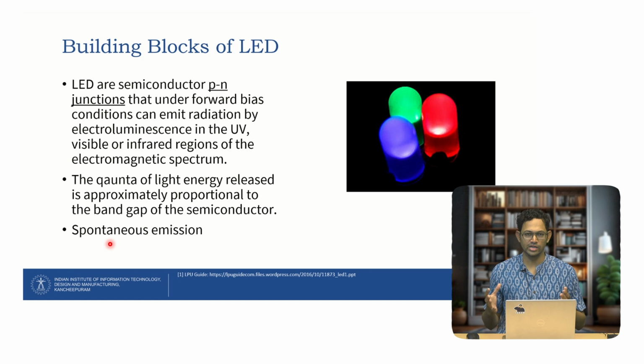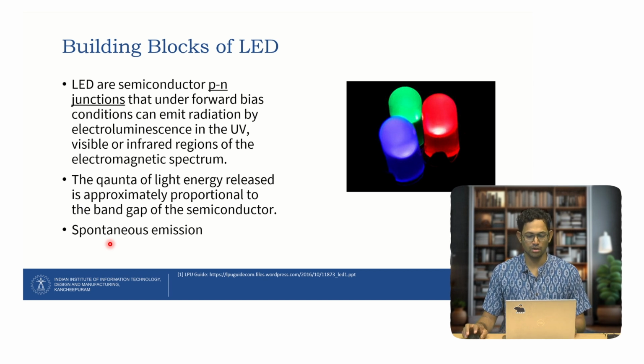So they are not generated at a single go, at a single instant. They are emitted with some time difference. This time difference of course is in the order of picoseconds, nanoseconds, so it's not in our control. That's what is meant by spontaneous. It's a kind of probabilistic emission.